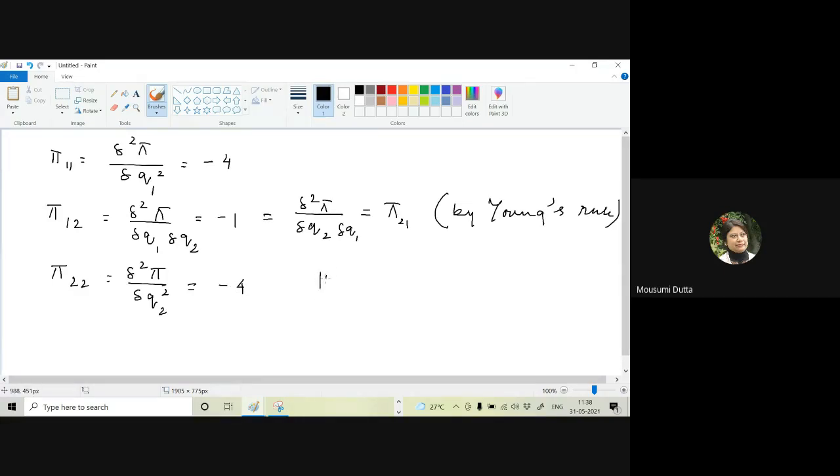So H1 and H2 are nothing but pi 1,1 and the determinant of pi 1,1, pi 1,2, pi 2,1, pi 2,2.